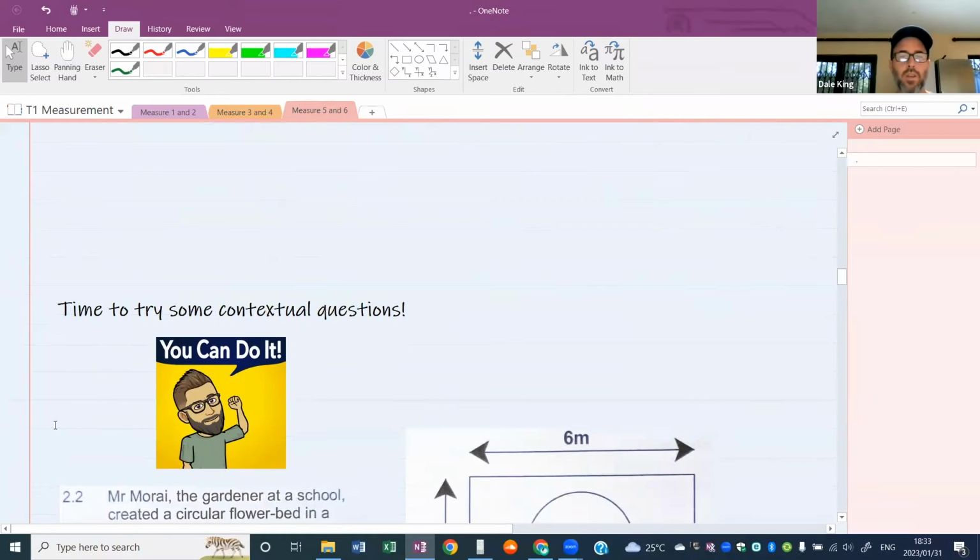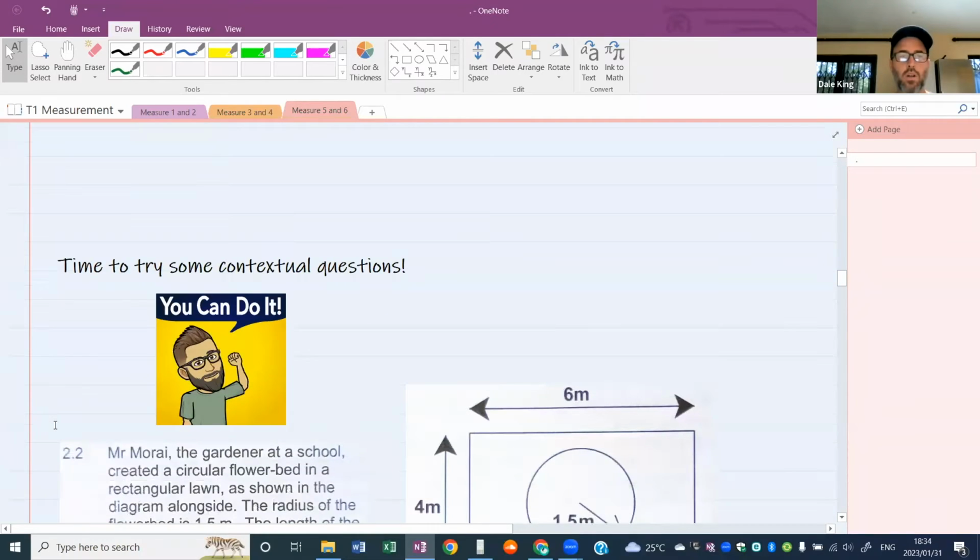Now, we are going to try some contextual questions. Up until now, we've been doing some very basic questions. Now I don't want you to freak out. You are likely to see most of your tests presented in contextual questions, which means they'll have a question 1 based on a story or a topic, and then a whole list of questions based on that topic.